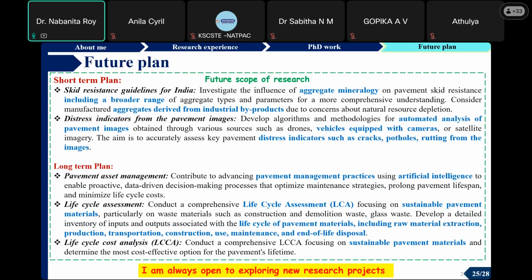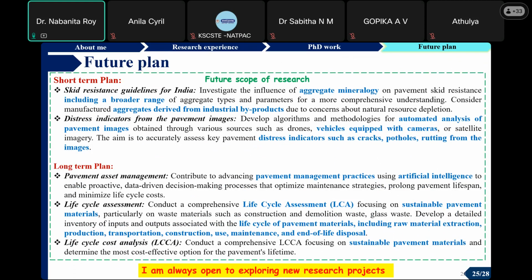Now, in the future, my plan is to do more work on skid resistance guidelines development for India. For that, maybe more types of aggregates I want to include, and of course, some industrial byproducts like slag aggregate, and even maybe some plastic aggregates, some other waste materials. I will focus on that part.